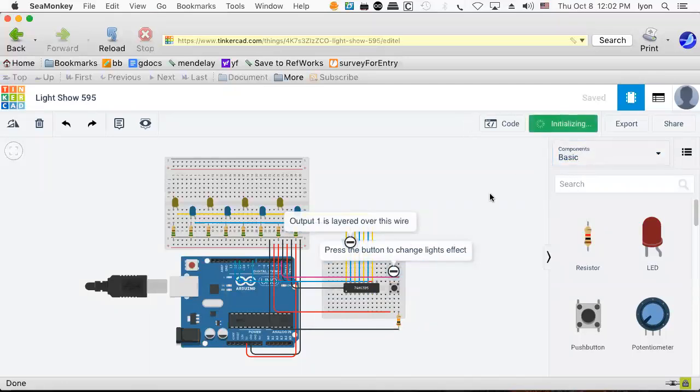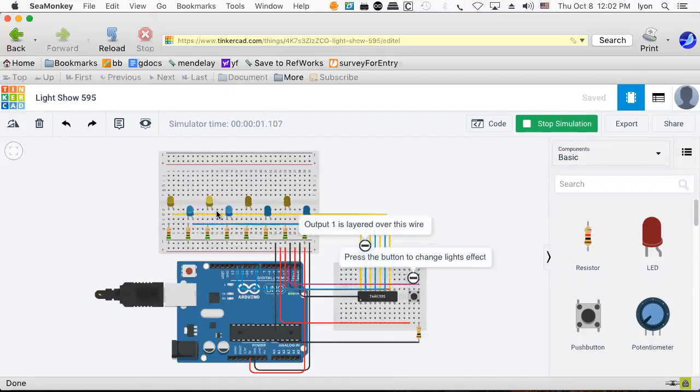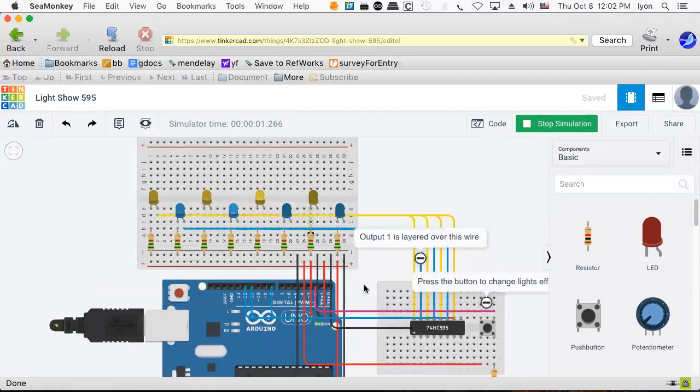Let's see if we can start this. So you had to add a chip to do it. And you can see it's coming in off of the MOSI and the clock is coming off of here and shifting into the register. And now you can see the lights are changing. And if I click on the button, I can change my pattern.